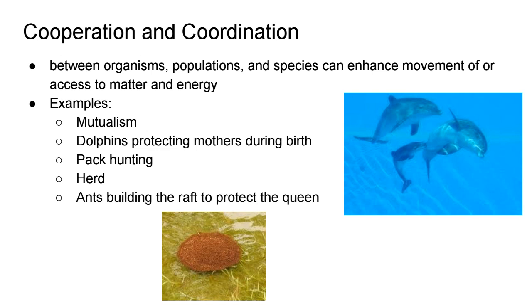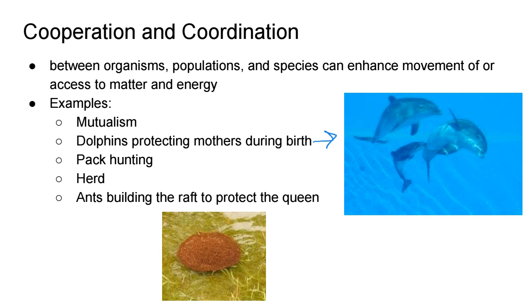Dolphins, you can see this happening here in the picture over to the side. Dolphins will surround the mother to help protect it, and then they will actually help carry. Usually the mother's too tired, so they'll help carry the baby up to the surface so the baby can get its first breath.